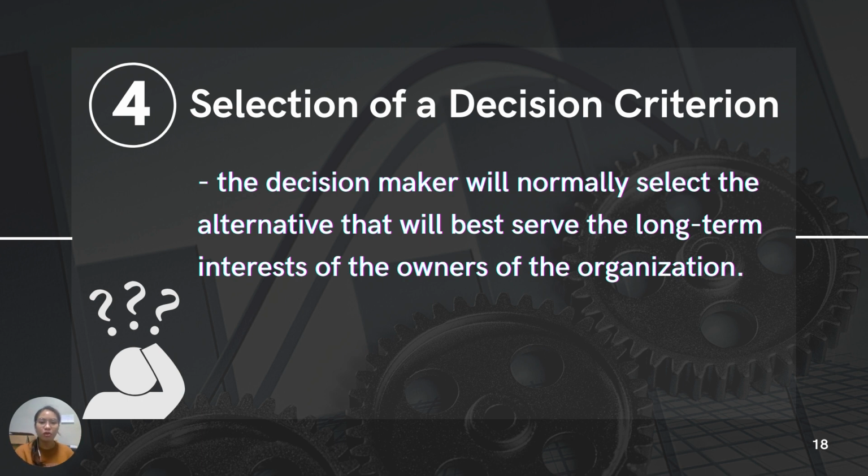The decision maker will normally select the alternative that would best serve the long-term interests of the owners of the organization. It is also true that the economic decision criterion should reflect a consistent and proper viewpoint, Principle 3 nato, to be maintained throughout an engineering economic study.